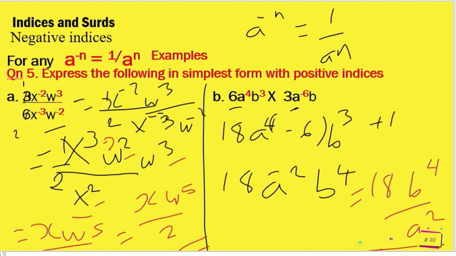So that is, we have found the reciprocal of a power negative 2 to get a positive power 2, and that is the answer to that point.